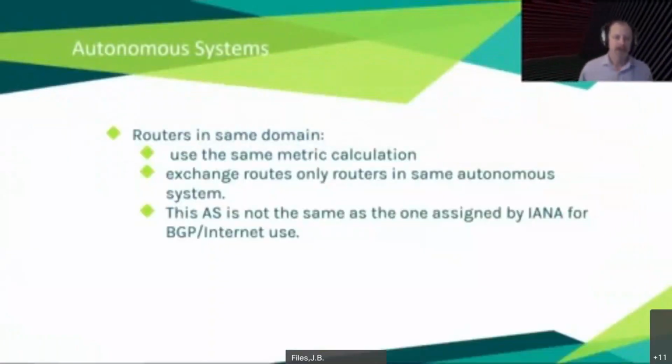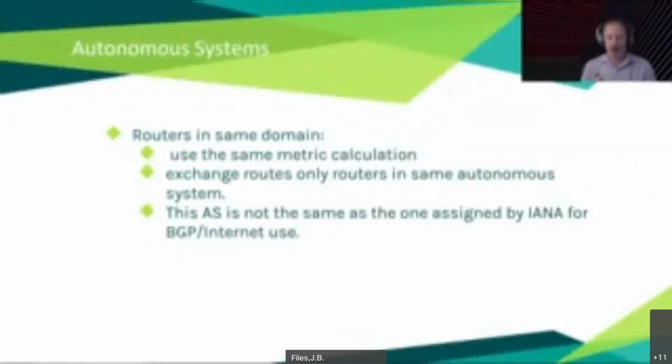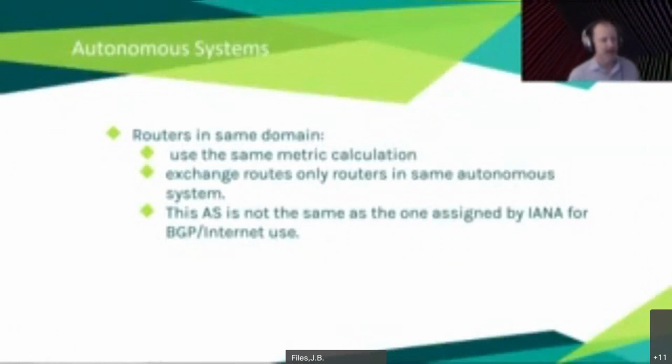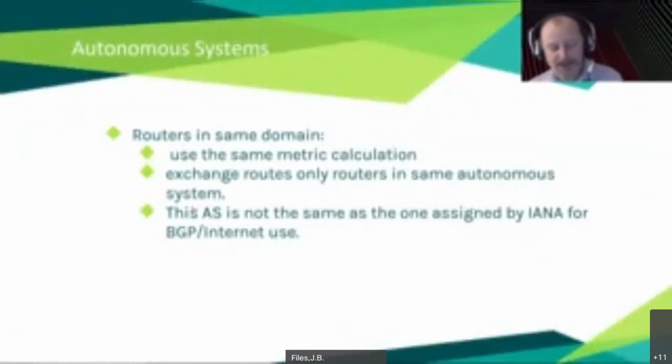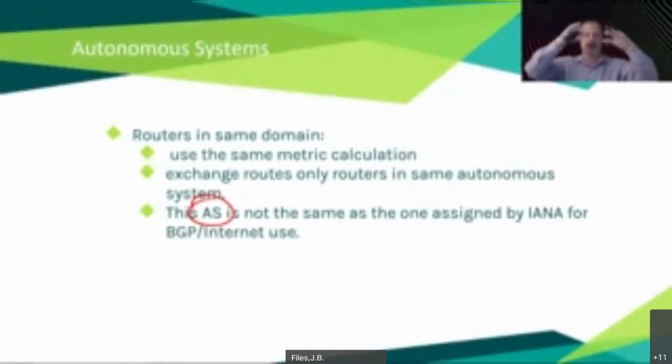Okay. So any router that's in the same domain is going to use the same metric calculation. We're going to exchange routes with routers in the same autonomous system. But this is one of those times where we're using vocabulary in a way that could be confusing. Autonomous system here, we're talking about administrative authority over a group of routers.